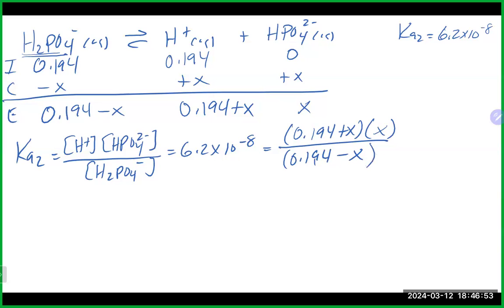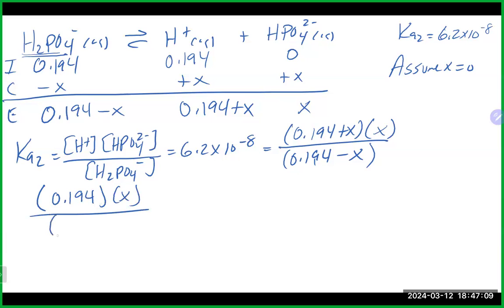My assumption worked well on the first one, so I'm going to press my luck and do it again. I'm going to assume that x is approximately 0. That dramatically reduces this down to 0.194 times x divided by 0.194 equals 6.2 times 10 to the minus 8. I'm going to try it without the calculator.